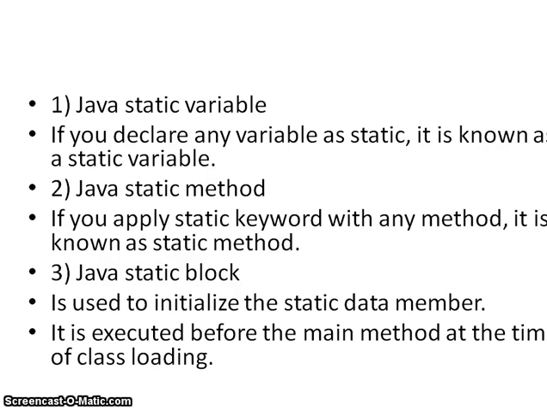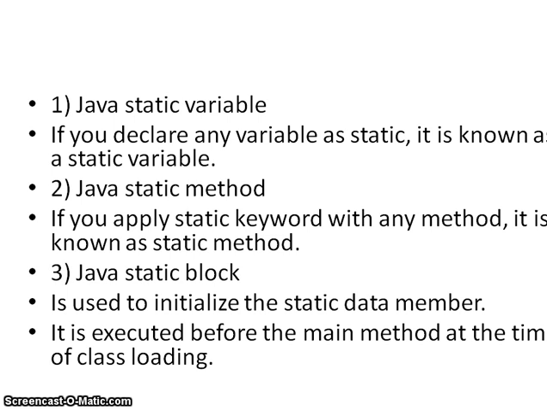Let's see examples. If you declare a variable as static, it is called a static variable. It means you have declared a variable and in front of it you have written static.